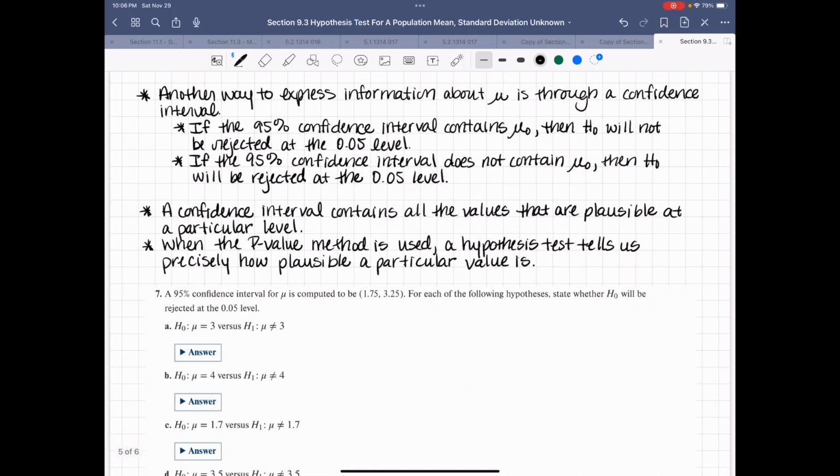Another way to express information about mu is through a confidence interval. If the 95% confidence interval contains the null, or mu sub 0, then the null hypothesis will not be rejected at the 0.05 level.